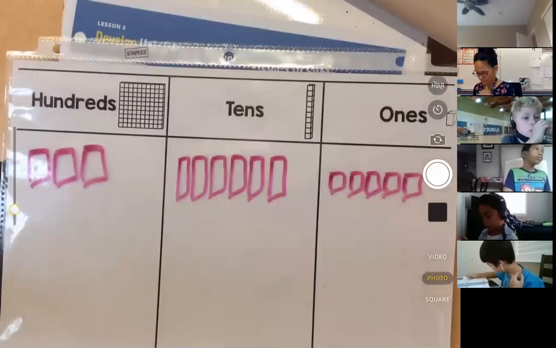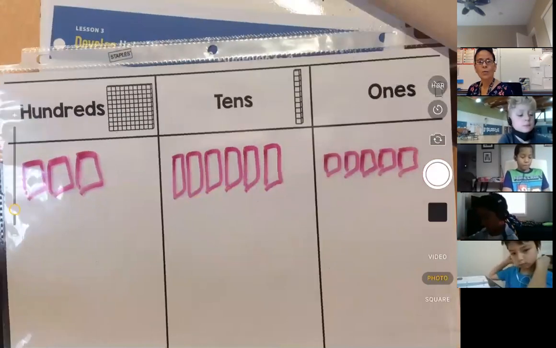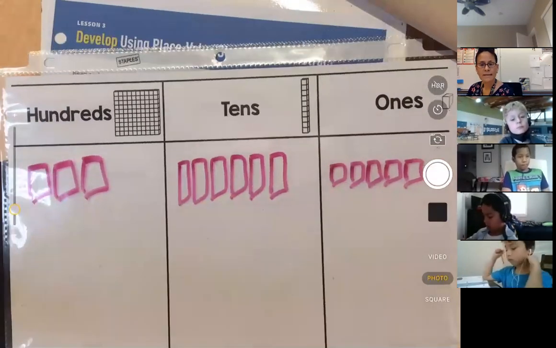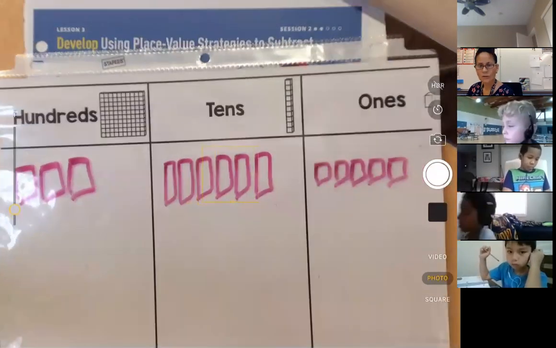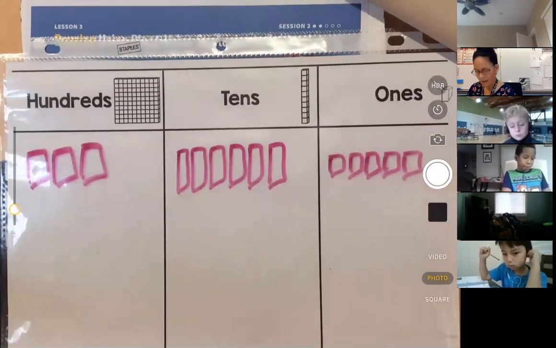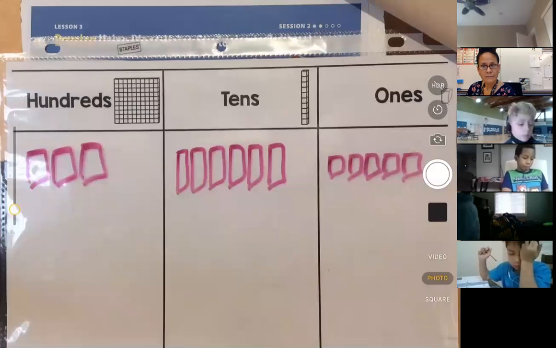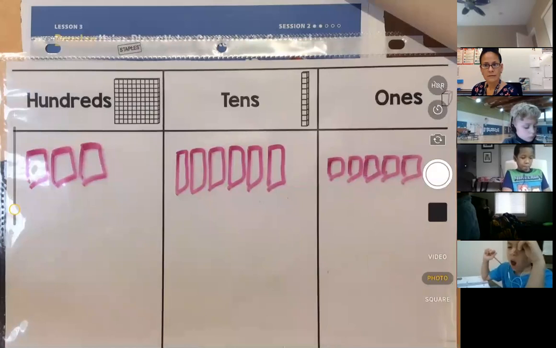Now, I need to take away 186. Now, in order for me to do that, 186 has 6 ones.